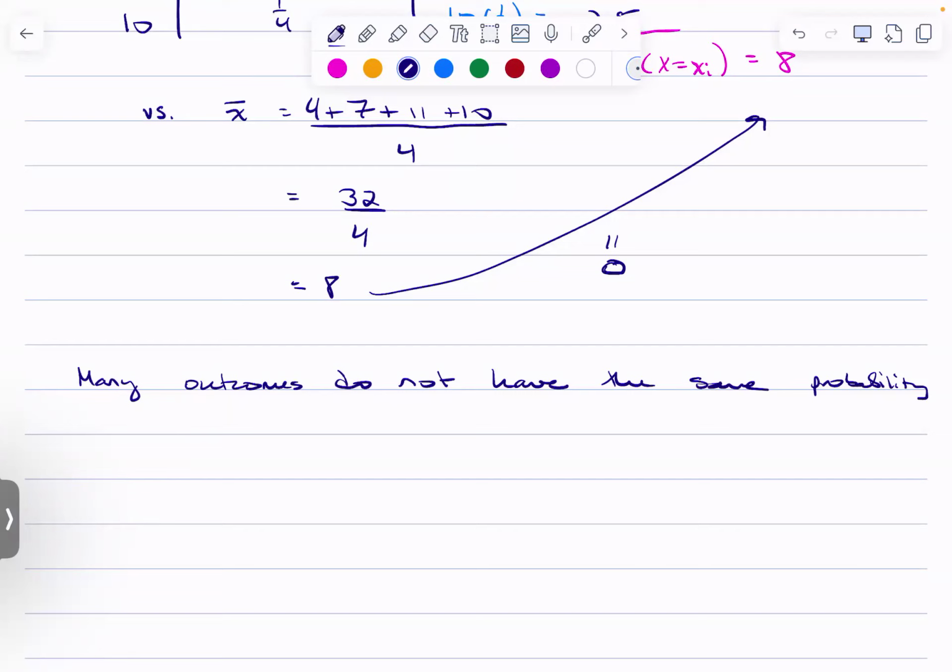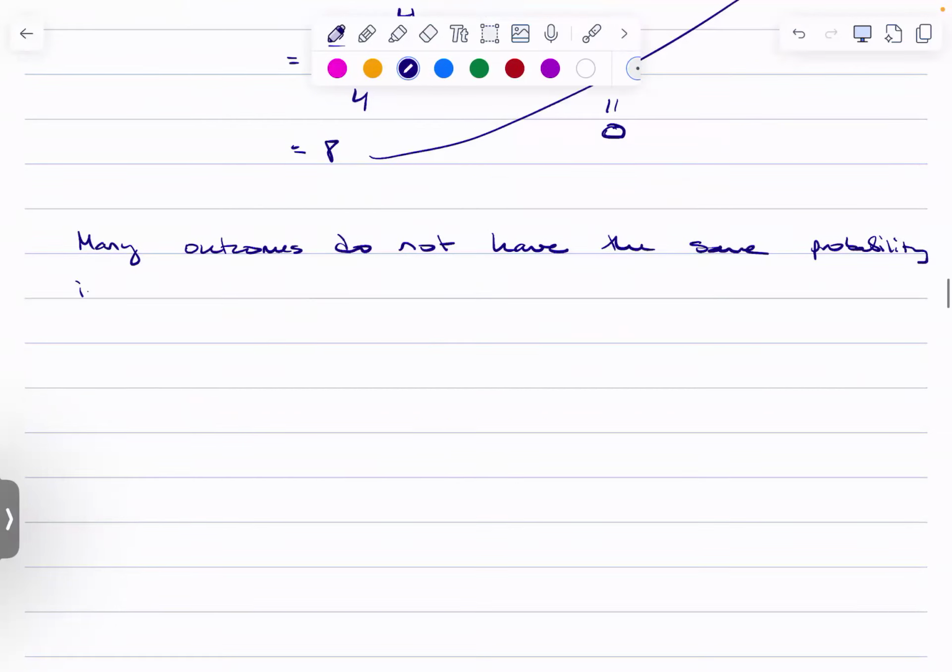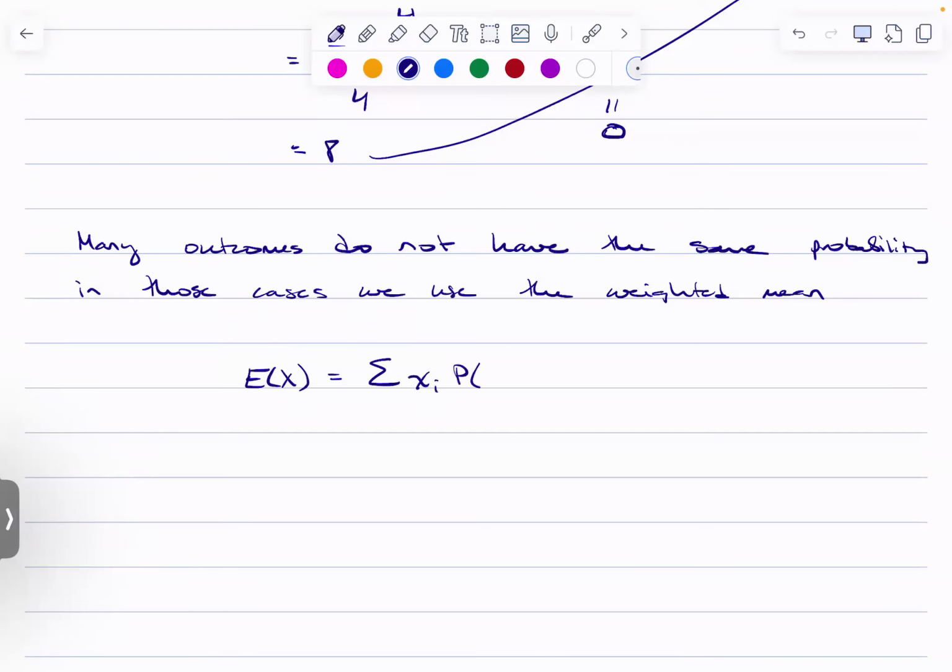In those cases, we use the weighted mean, which is just in general, the expected value of x is the sum of your xi's times the probability that x is equal to that xi.